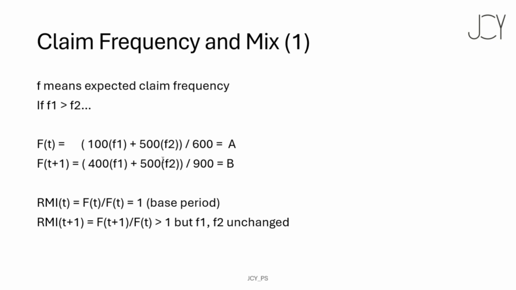But at the same time, we maintain the number of policies of risk 2. And essentially, we get an average weighted frequency of value B. But since we know that risk 1 is probabilistically higher in terms of claim frequency than risk 2, we know that B is going to be a larger value than A.